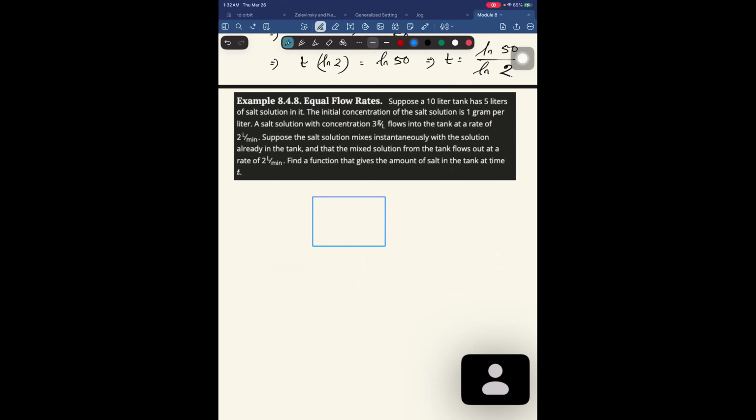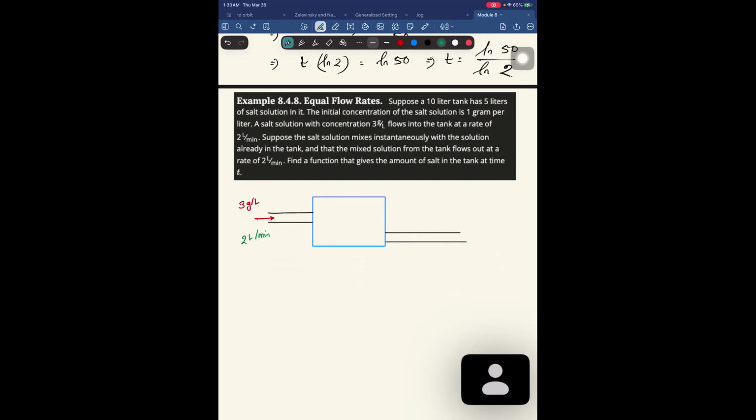Now salt solution in concentration 3 gram per liter flows into the tank. So this is the incoming one. The concentration is 3 gram per liter and the rate is 2 liter per minute.